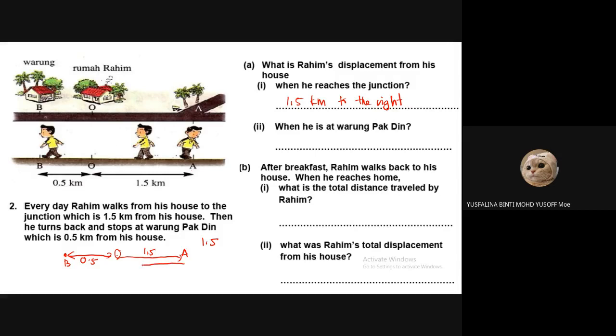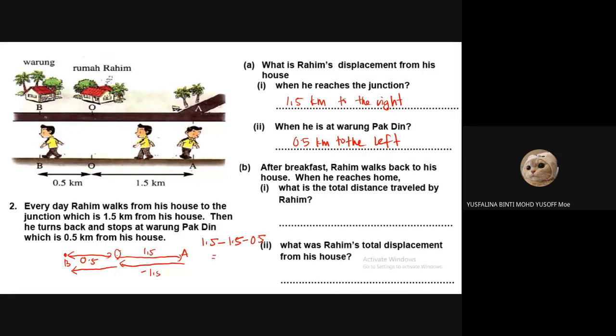Then when he turns back it becomes negative, because now it's backward, so negative 1.5. Then it moves backward again, so negative 0.5. So you will get 0.5 kilometer to the left.